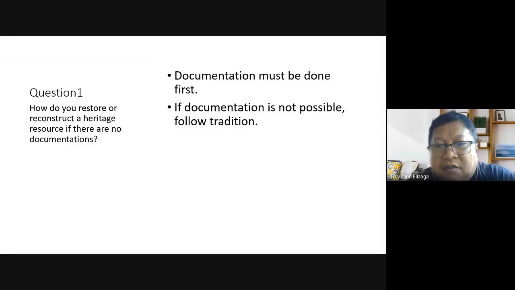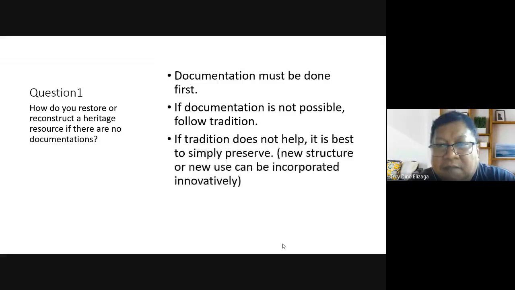Therefore, you should check how people usually do things and then you just adapt it. The problem is if there is no tradition. If tradition does not help, it is best to simply preserve.